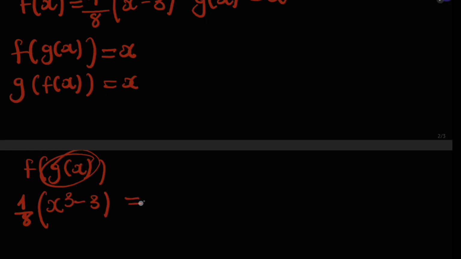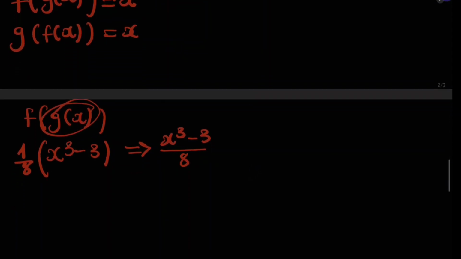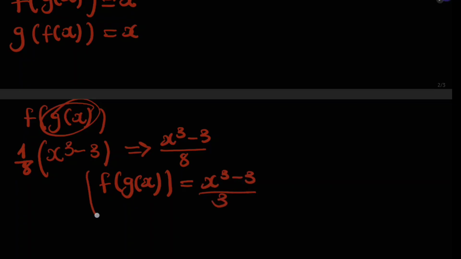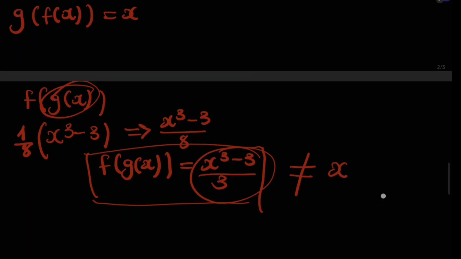That simply gives us x cubed minus 3 on 8. And this is our f of g of x, which is x cubed minus 3 on 8. As we can clearly see, this is definitely not equal to x.